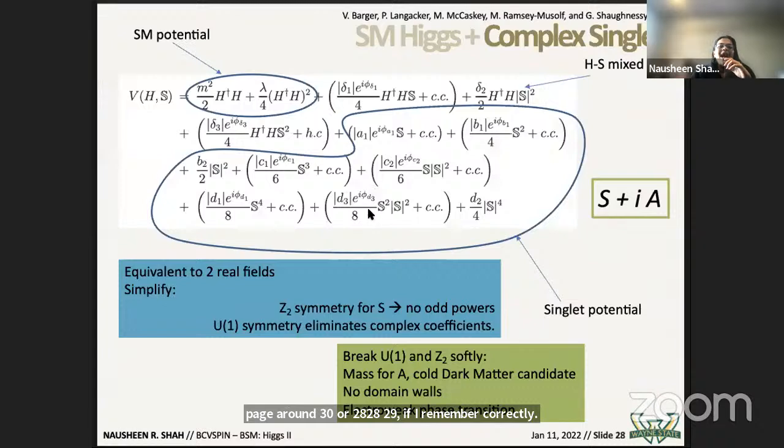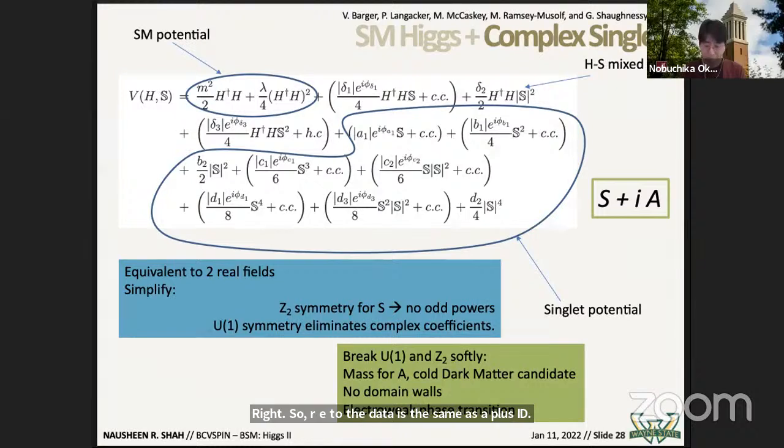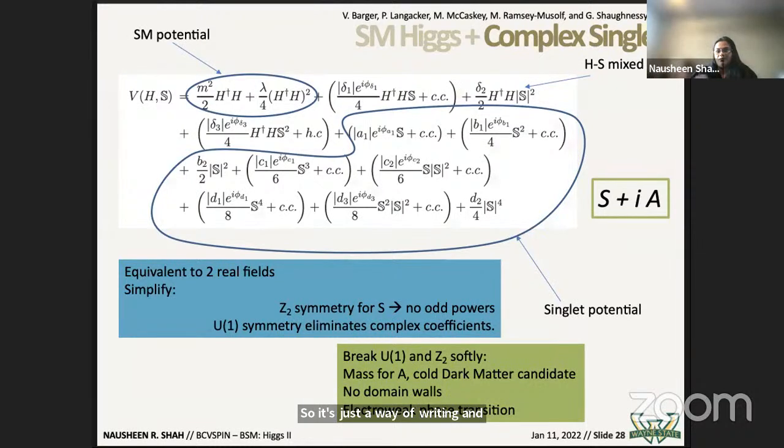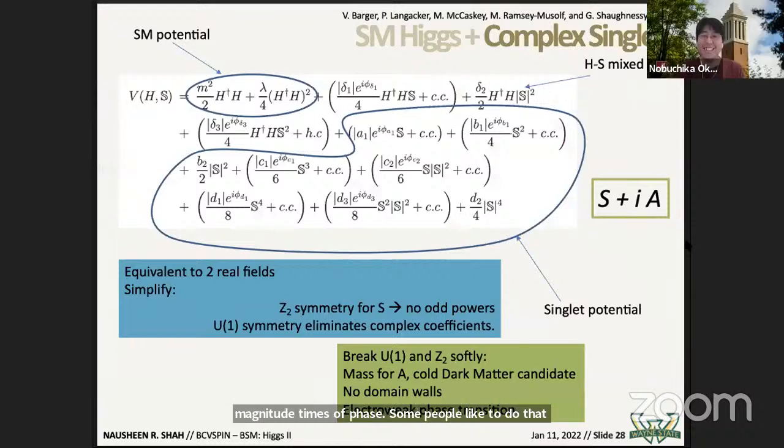Yeah, that part. That's just to add possible phases that you can have. I mean, those are just free parameters. It's a way of writing a complex thing, right? So R e to the i theta is the same as a plus ib. So it's just a way of writing a complex parameter, the magnitude times a phase. Some people like to do that.